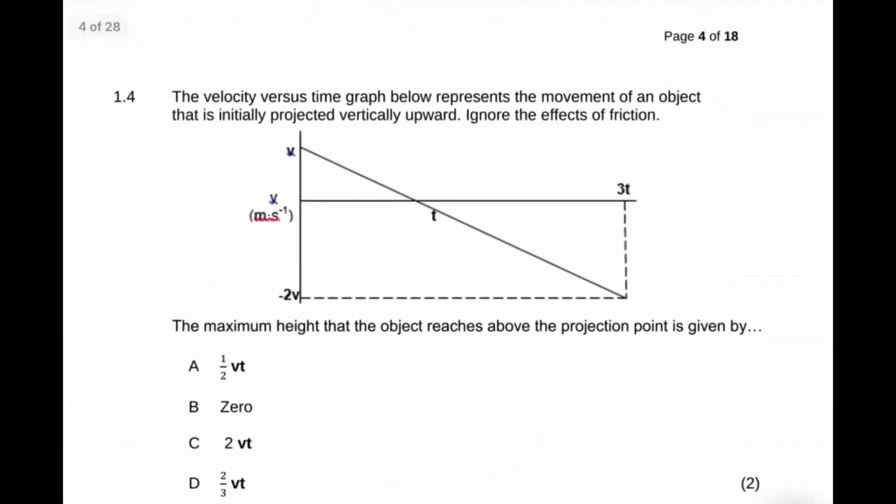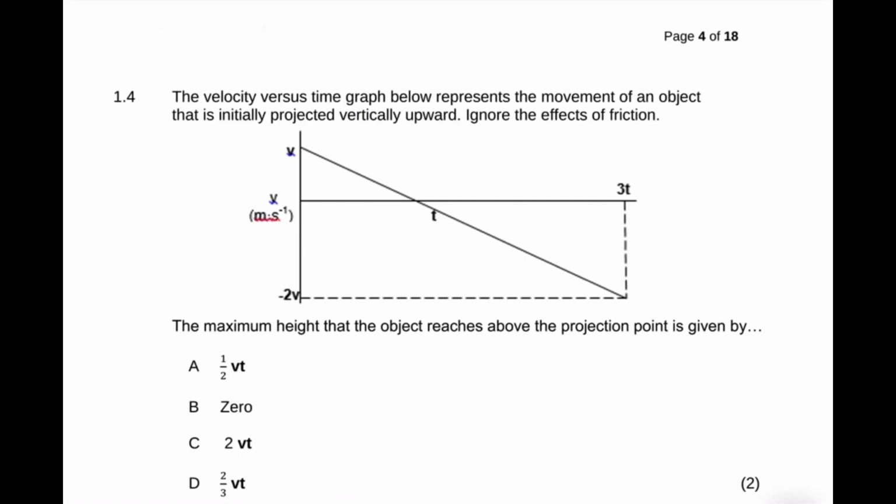And then 1.4 says that the velocity versus time graph below presents the movement of an object that is initially projected vertically upward. Ignore the effects of friction. The maximum height that the object reaches above the projection point is given by, and then we have a few options.